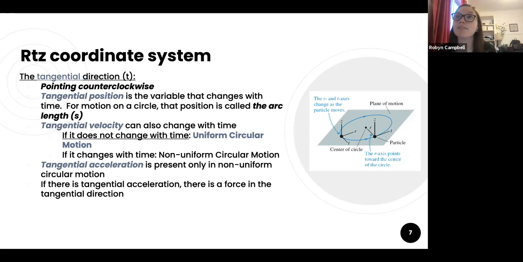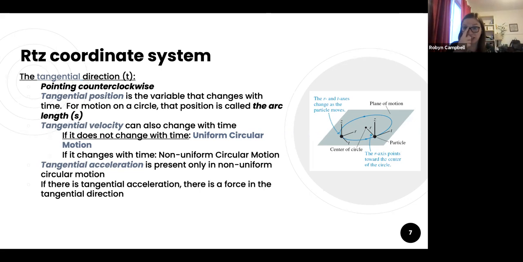Uniform circular motion is when the object is moving in a circle at a constant speed, say 3 meters per second at every point in its motion. Or you could have non-uniform circular motion, where the object is speeding up or slowing down within that circle.